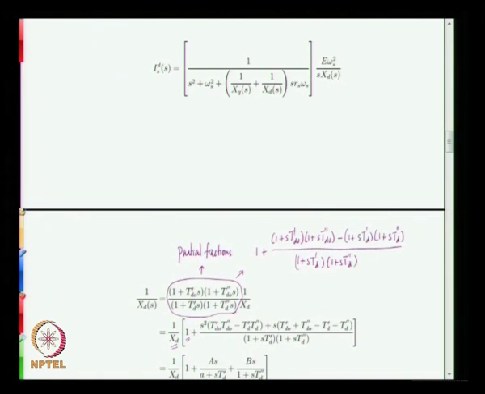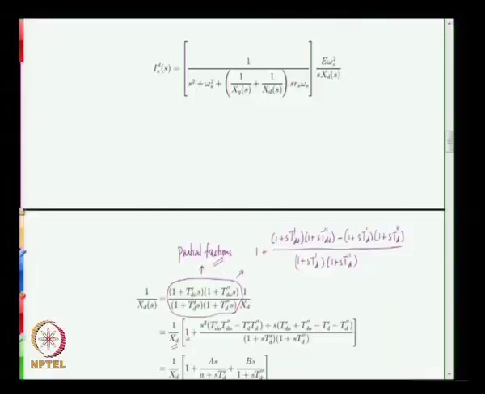So we are doing this so that we can get a numerator order lesser than the denominator order, so that partial fraction expansion can be applied. Obviously if you add these two, this term goes away and what we are left with is the original term.